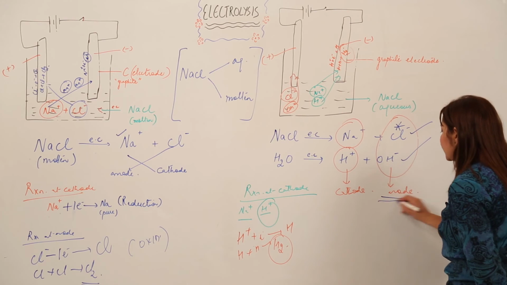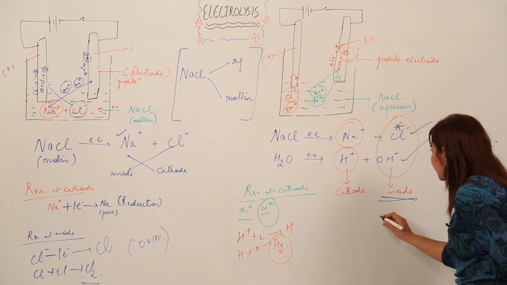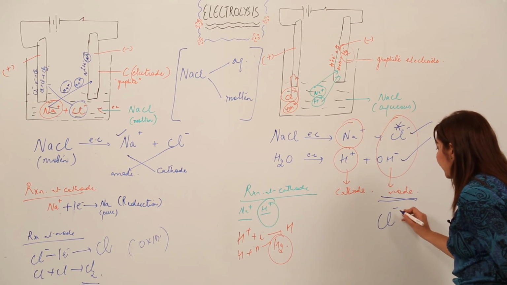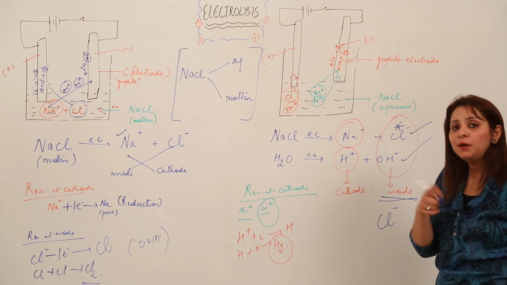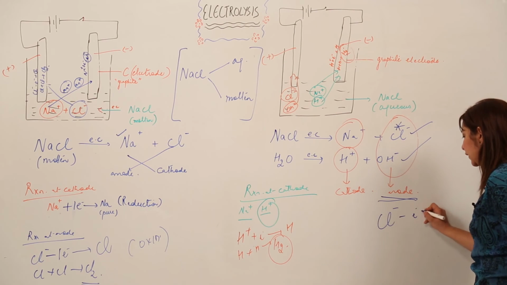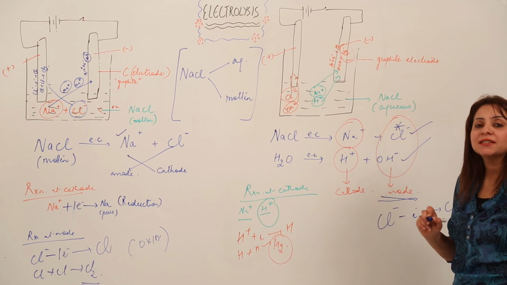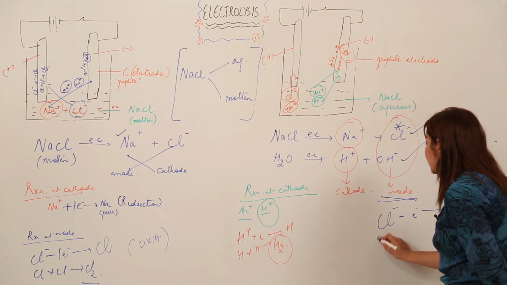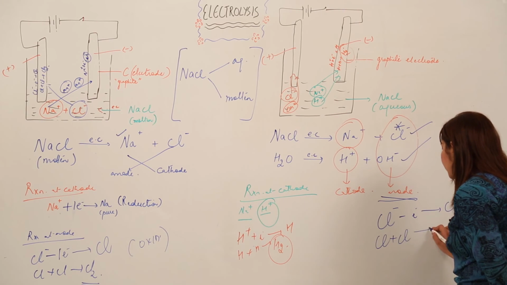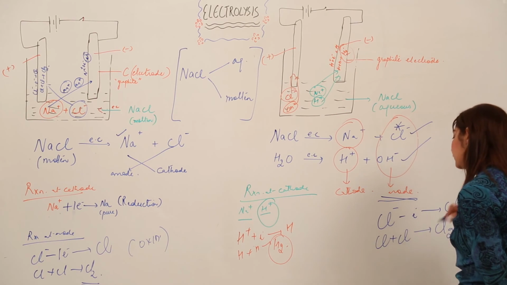So the reaction at the anode is that the Cl negative ion loses an electron and forms Cl. And as I have told you, Cl exists as a diatomic molecule, so Cl plus Cl unite to form Cl2.